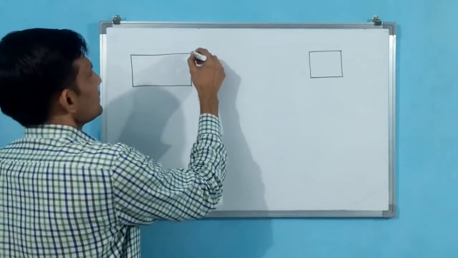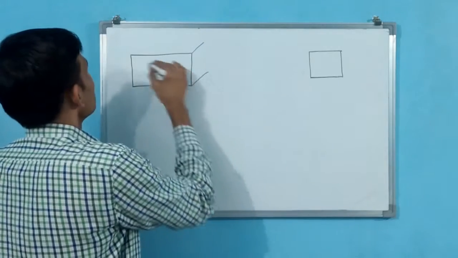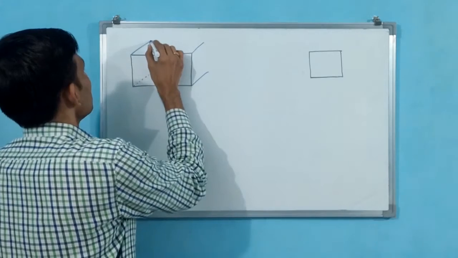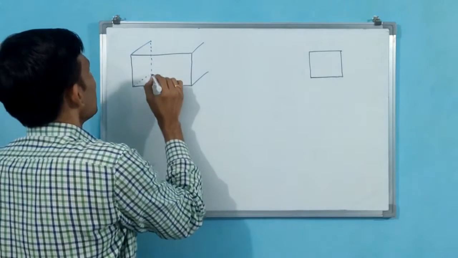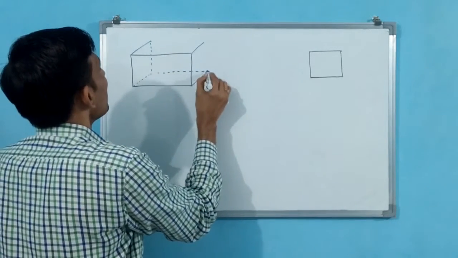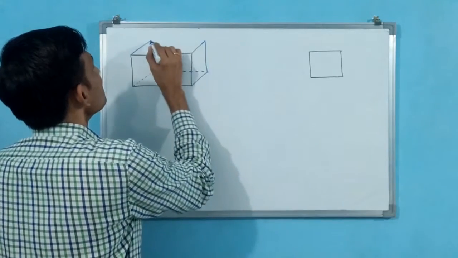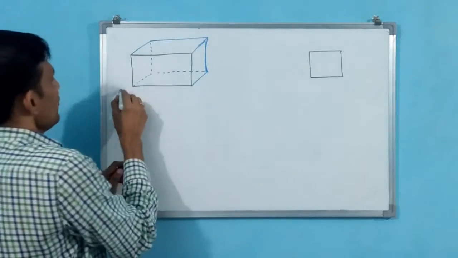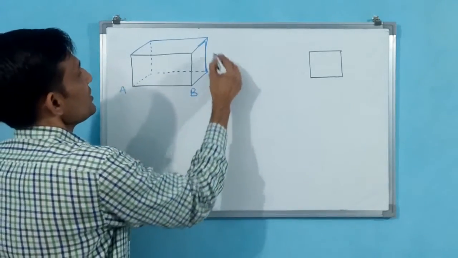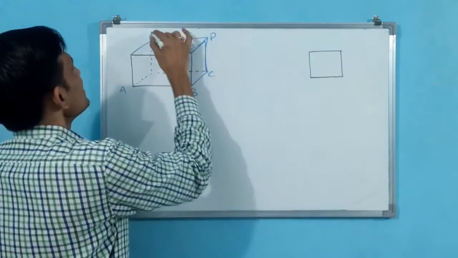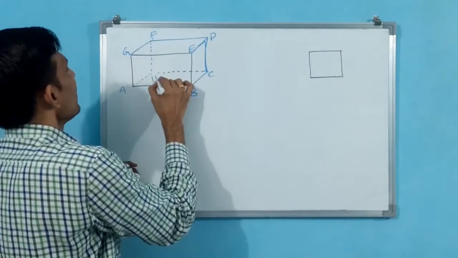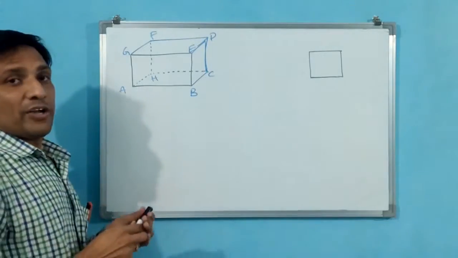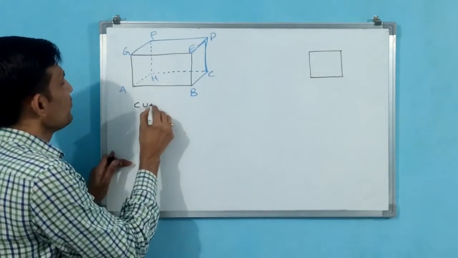Now, A, B, C, D, E, F, G, H. Okay. This is a cuboid.